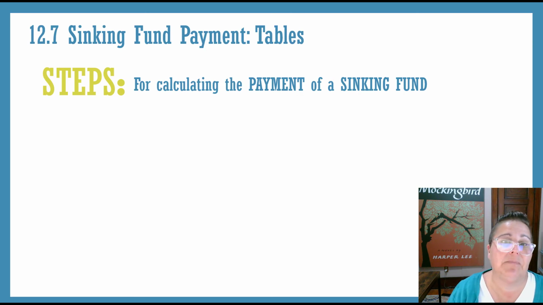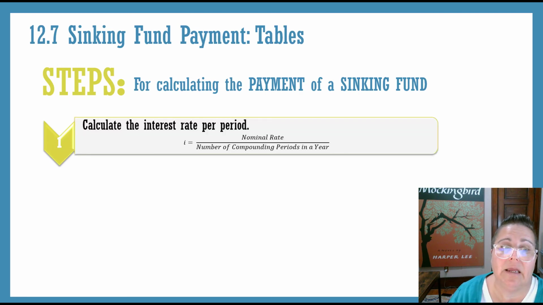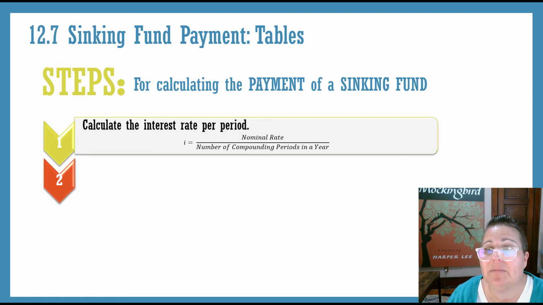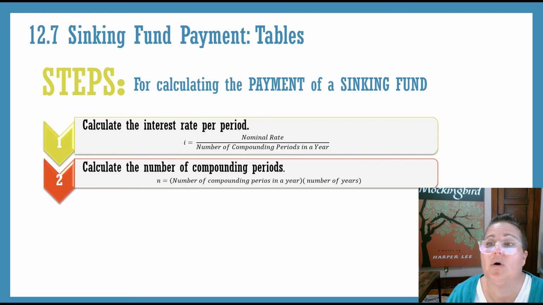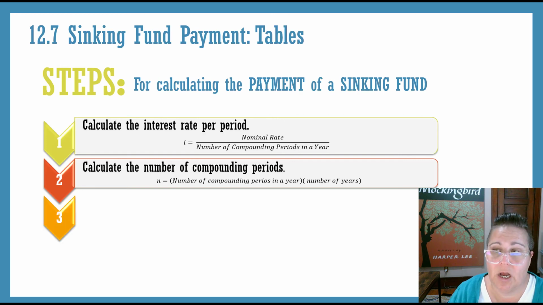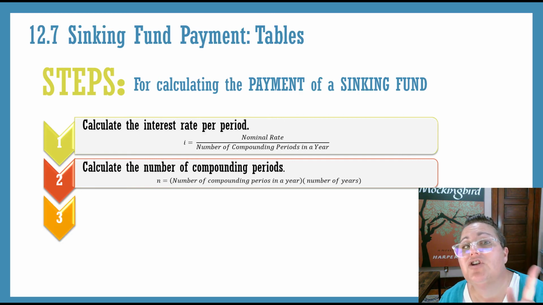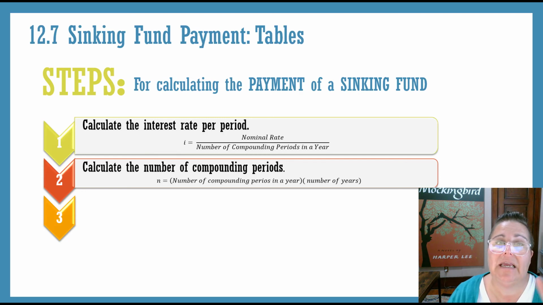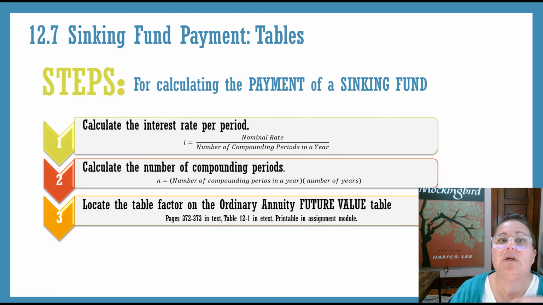So calculating the payment of a sinking fund using the table. Again, we're going to find the I, we're going to find the N, same as before. We're going to reach across the future value, because remember, the sinking fund is a savings goal. It deals with a future value. So we need table 12.1.